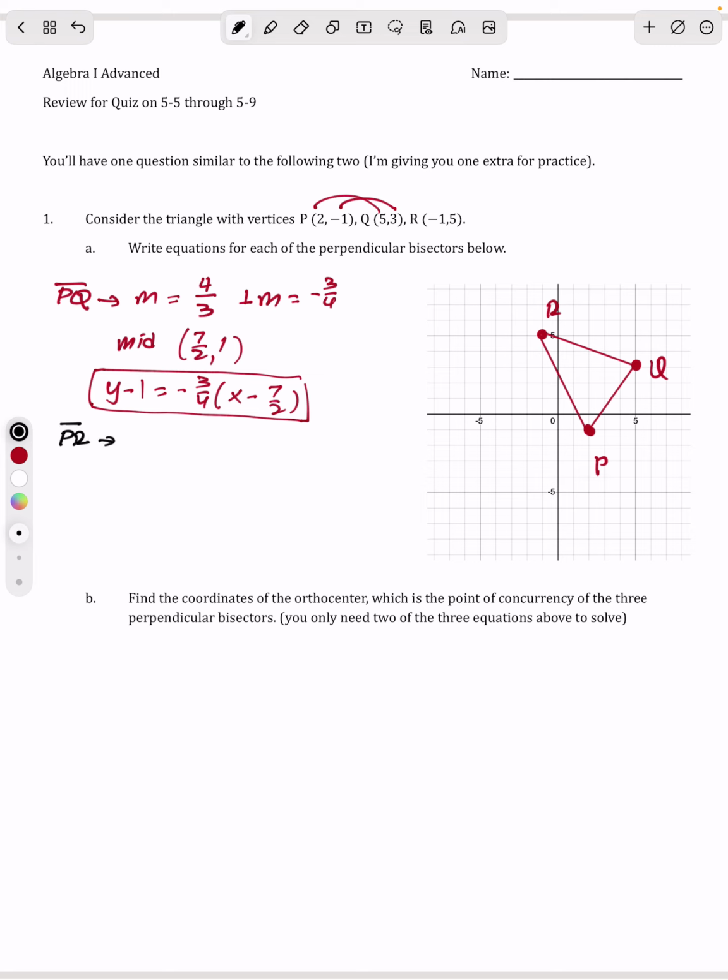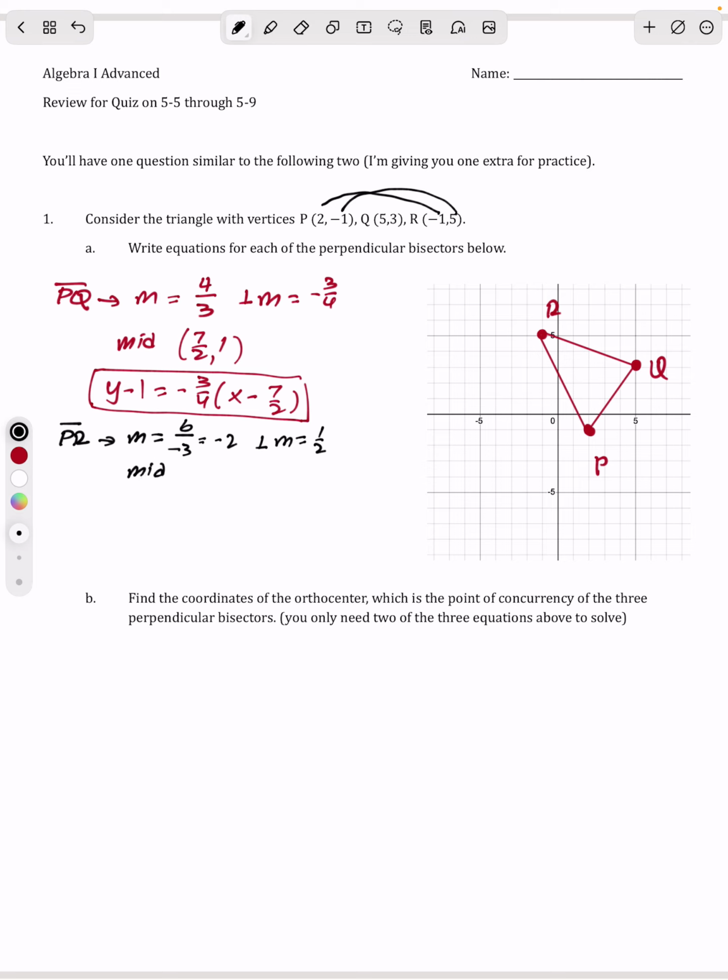So for PR, my slope is 5 minus -1, which is 6, and -1 minus 2, which is -3. I'm really bad at the tools here. Let me double check that. PR, 5 minus -1 is 6. -1 take away 2 is -3. So that's -2, and therefore my perpendicular slope is 1/2.